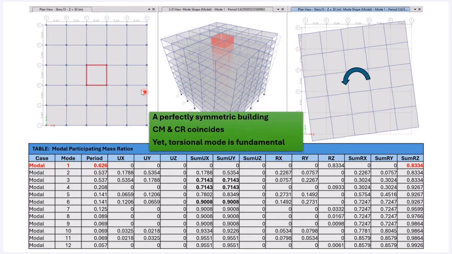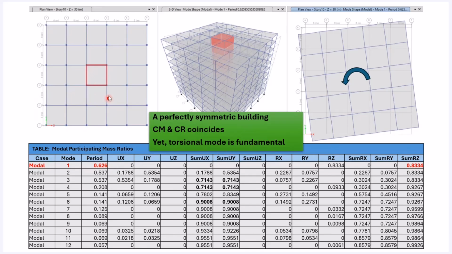It's perfectly square, so both directions are perfectly symmetric, and the core wall is at the center of the building. Your center of mass and center of rigidity coincide. It's a perfect expectation, yet the torsional mode is fundamental, right?